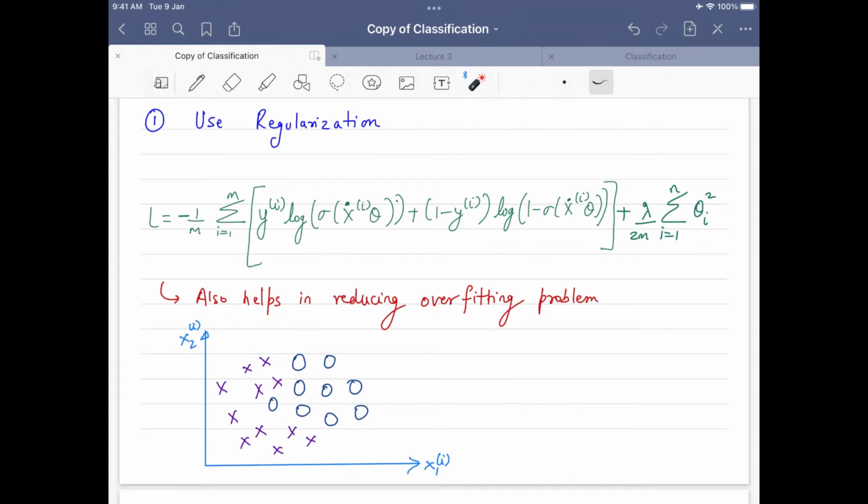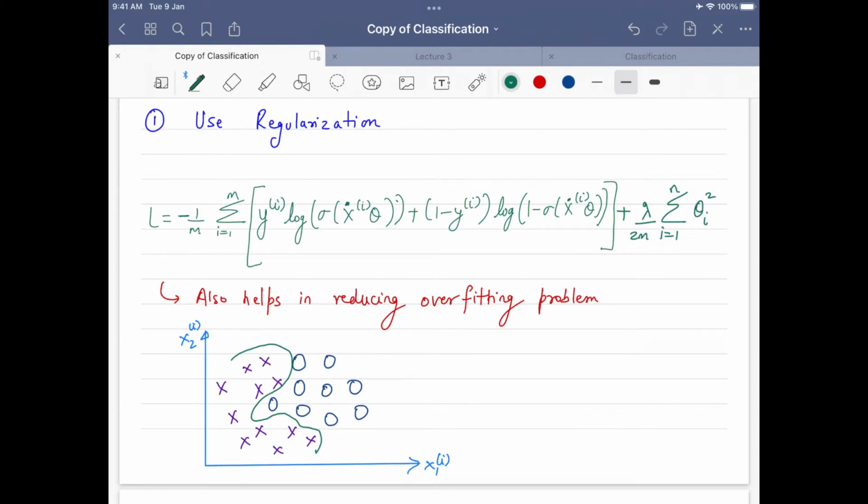So in this example, if you use a large number of features, your boundary might become like this. It will try to classify each and every point into either x or 0.